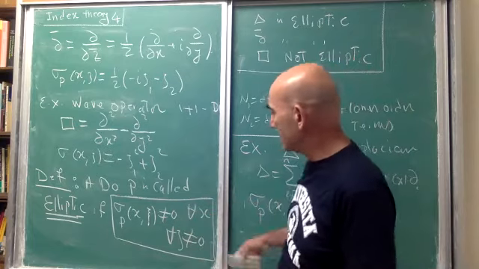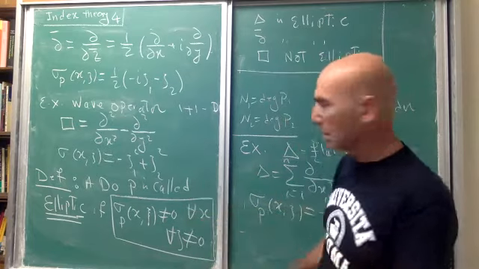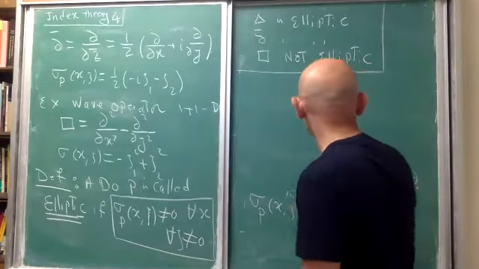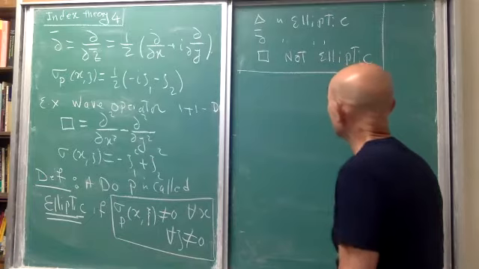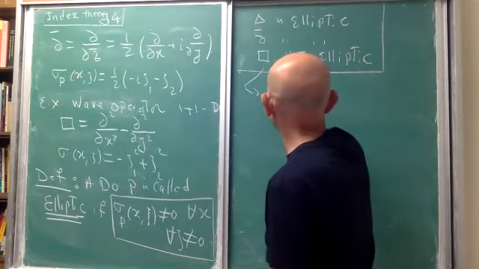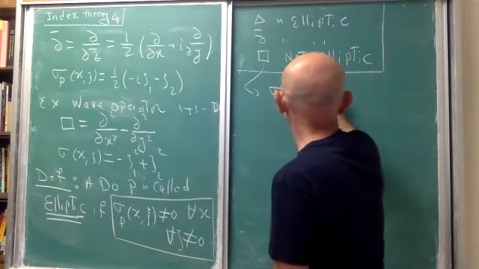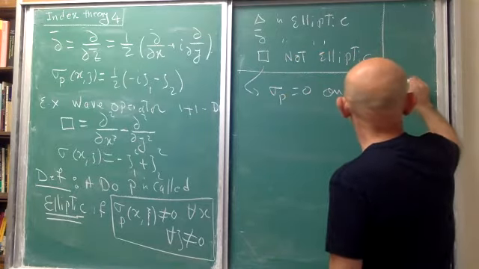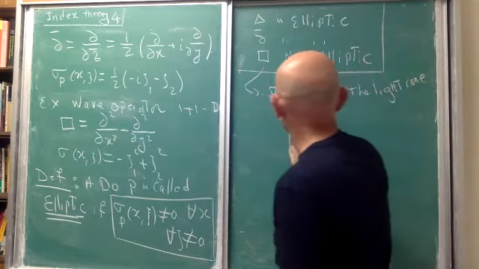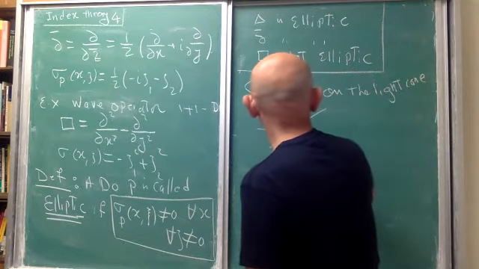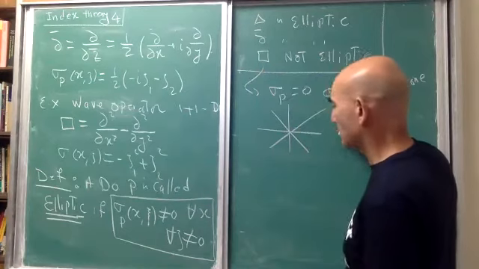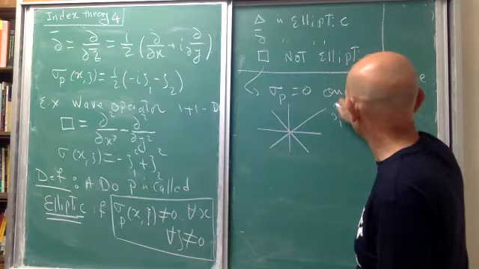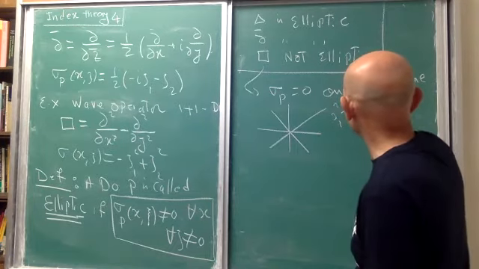The symbol is 0 on the whole light cone, ξ1 squared minus ξ2 squared equal to 0.